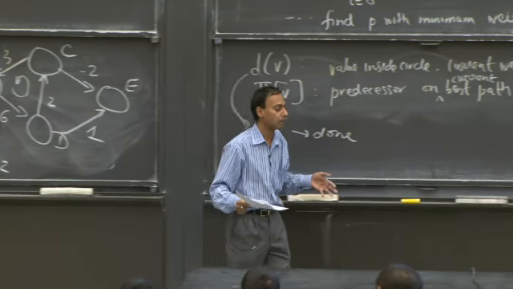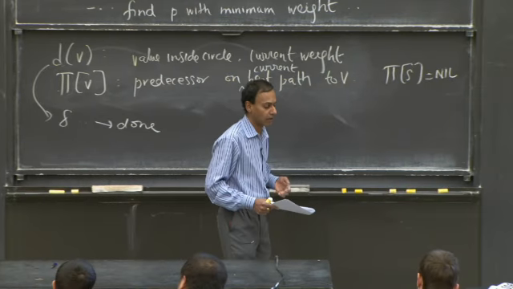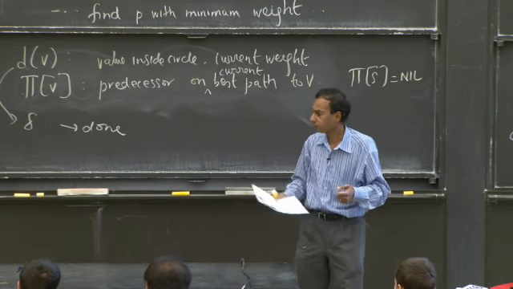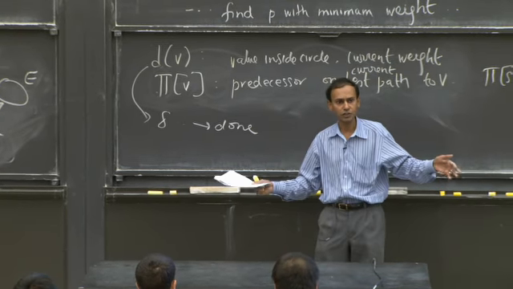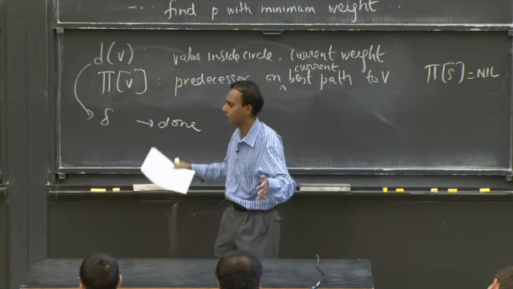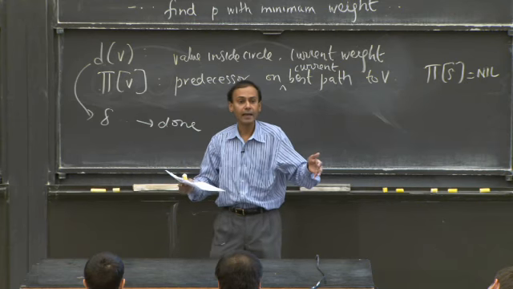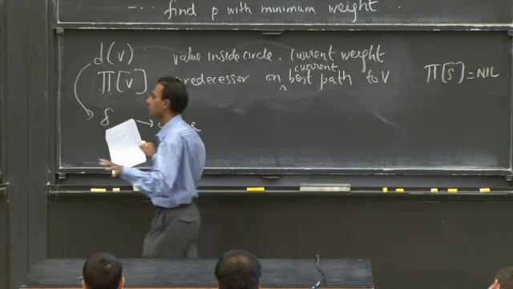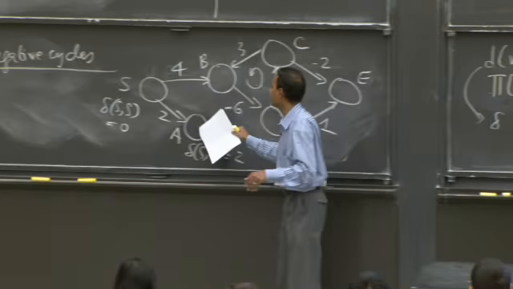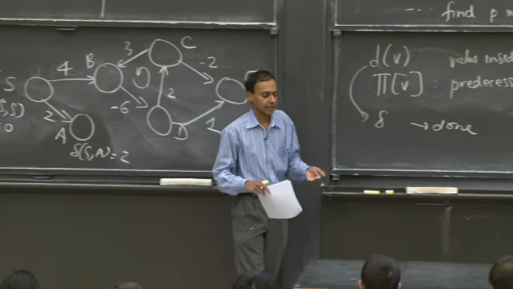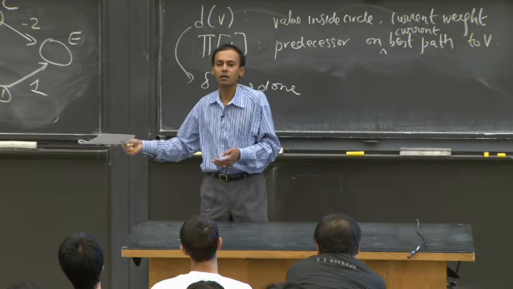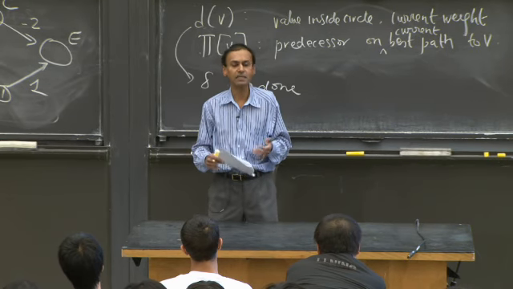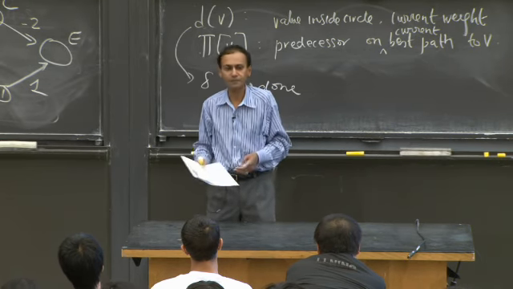So what you want your Bellman-Ford algorithm, or your shortest path algorithm that handles negative cycles, to do is to finish in a reasonable amount of time, order VE, and give you the delta numbers for all of the vertices that actually have finite numbers, and then mark all of these other vertices as being indeterminate, or essentially minus infinity.